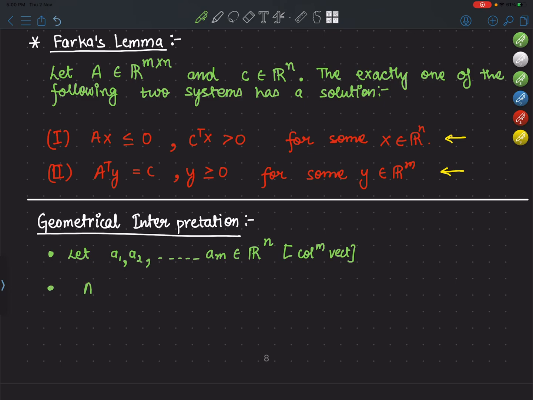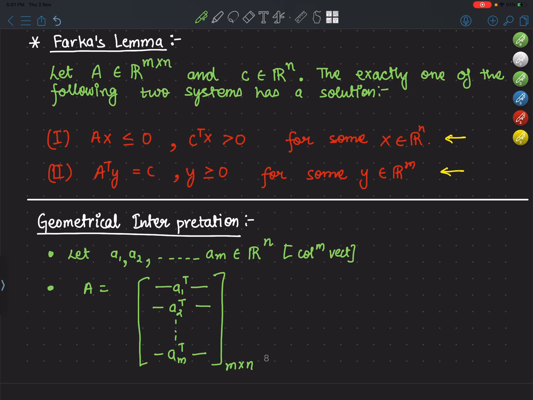Then we can define A as a1 transpose, a2 transpose, ..., am transpose. So basically a1, a2, a3 till am are the rows of matrix A.